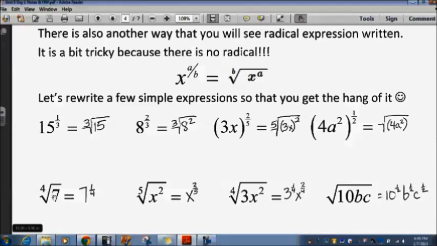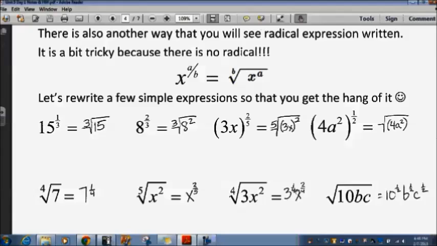So now the fourth root of 7, this index of 4 becomes our denominator. So now that's just 7 to the 1/4. Here, the fifth root of x squared, our index of 5 becomes our denominator. This is just x to the 2/5. Here, the fourth root of 3x squared, our 4 becomes our denominator.